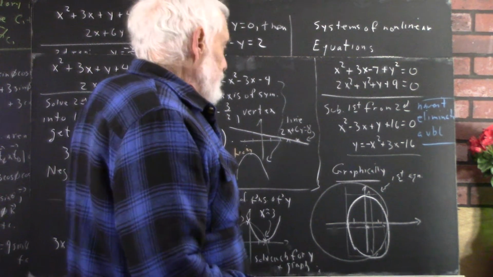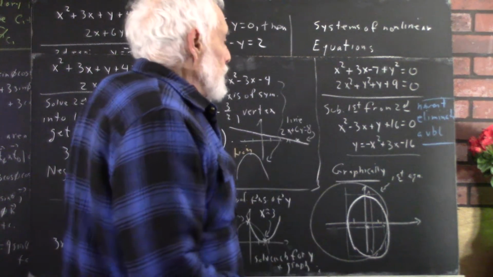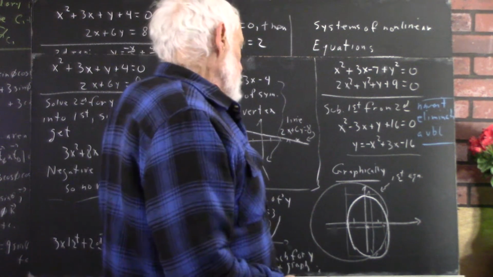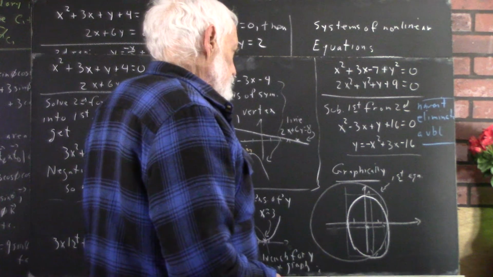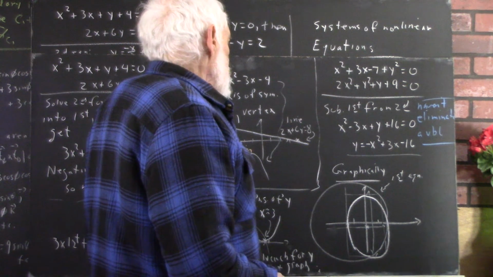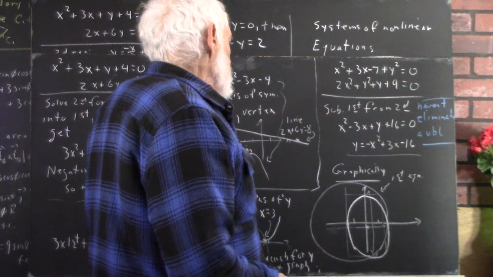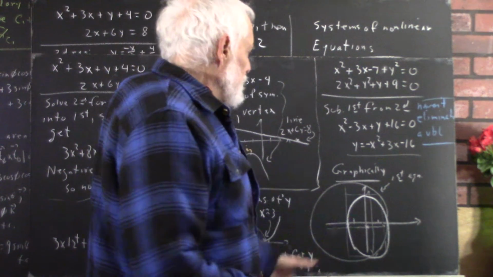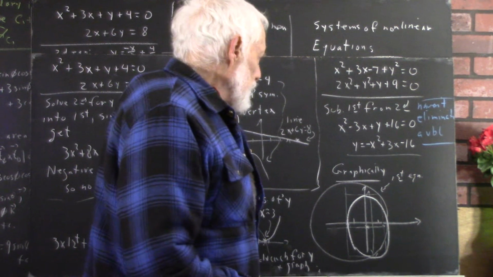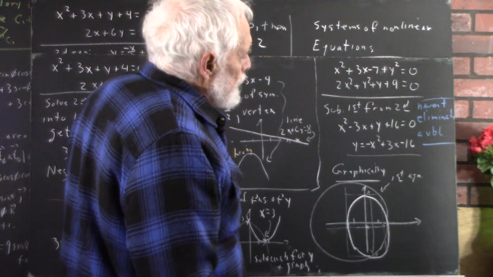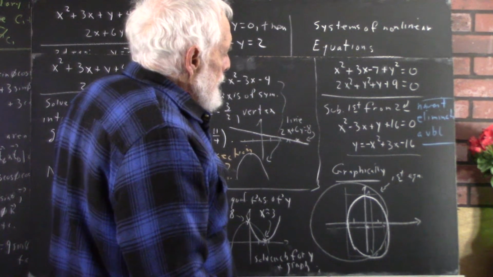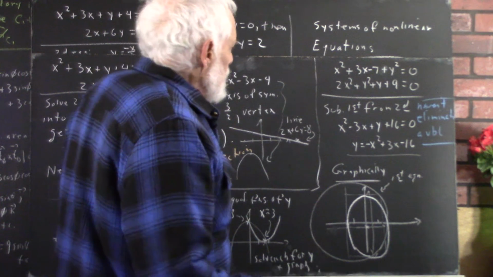The graph would be a parabola opening downward with the vertex at 3/2, and the y-intercept, the y value would be way down low, which would kind of mean, yeah, let's not worry about what it means.